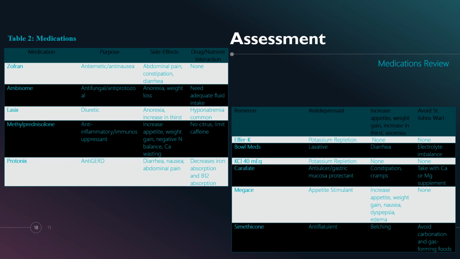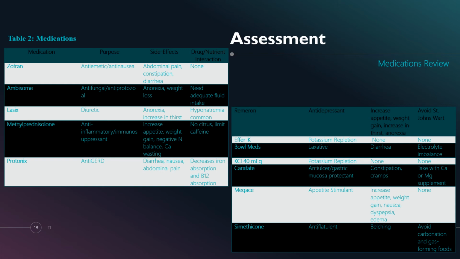There were times, as I said, where we saw that MTL's potassium was a little low, so she was receiving potassium repletion through medication as well. She was on a significant amount of bowel meds. These are all forms of laxatives. Diarrhea is a common side effect, and you can also see that there may be an electrolyte imbalance when taking too many bowel meds, so that's also important to look at.